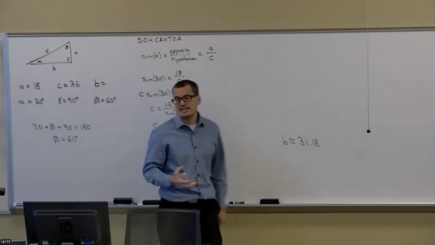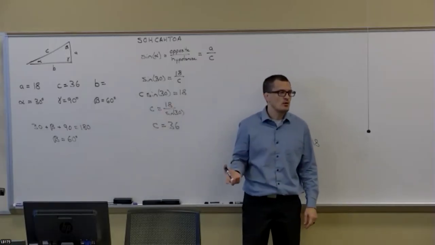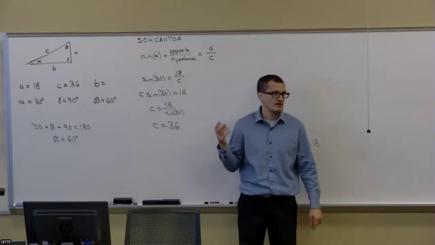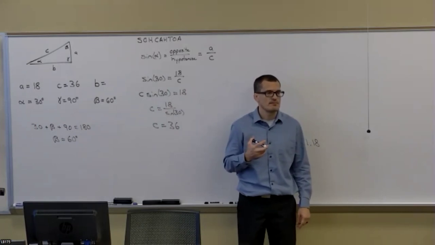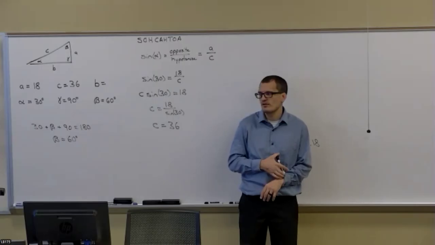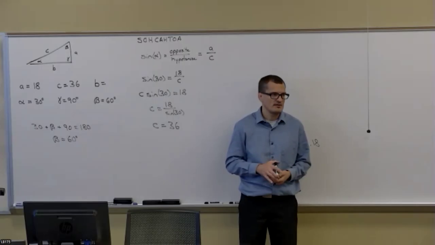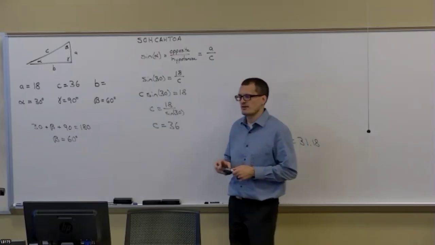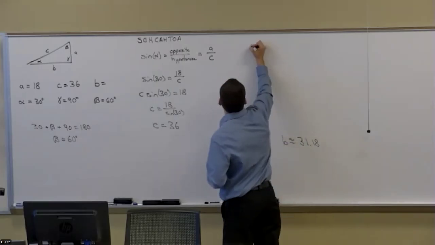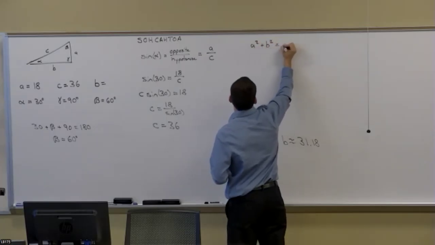Once you've found C, you can find B either using the Pythagorean theorem or you can use the cosine part of SOHCAHTOA, it doesn't matter. I'll use the Pythagorean theorem. So A squared plus B squared is equal to C squared.